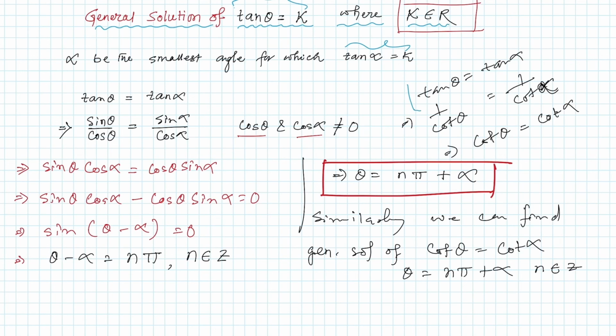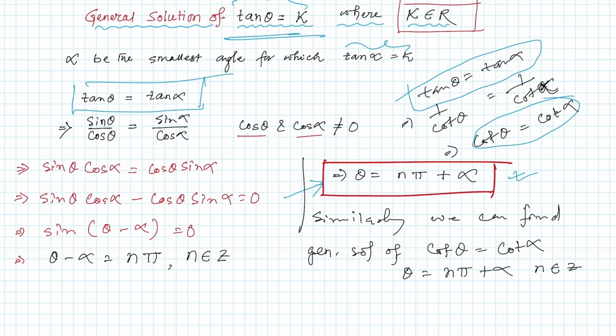So if this equation implies this one, their general solutions must be the same. Hope you have understood this. So this is the general solution of tan theta is equal to tan alpha, and also of cot theta is equal to cot alpha. That's how we can find the general solutions.